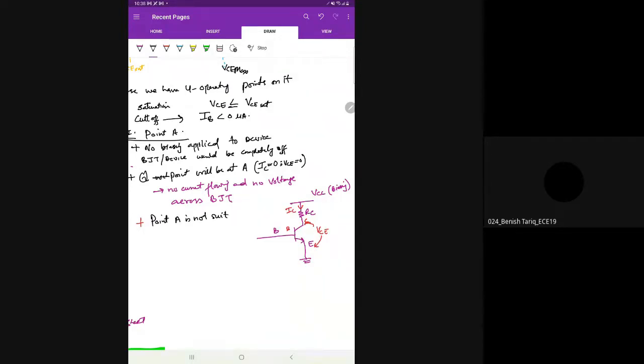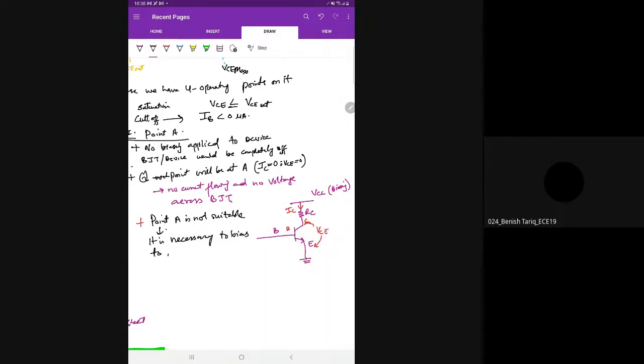वो इसलिए suitable नहीं है because it results in no current. It is not suitable because it is necessary to bias. Biasing करनी जरूरी है. Why?